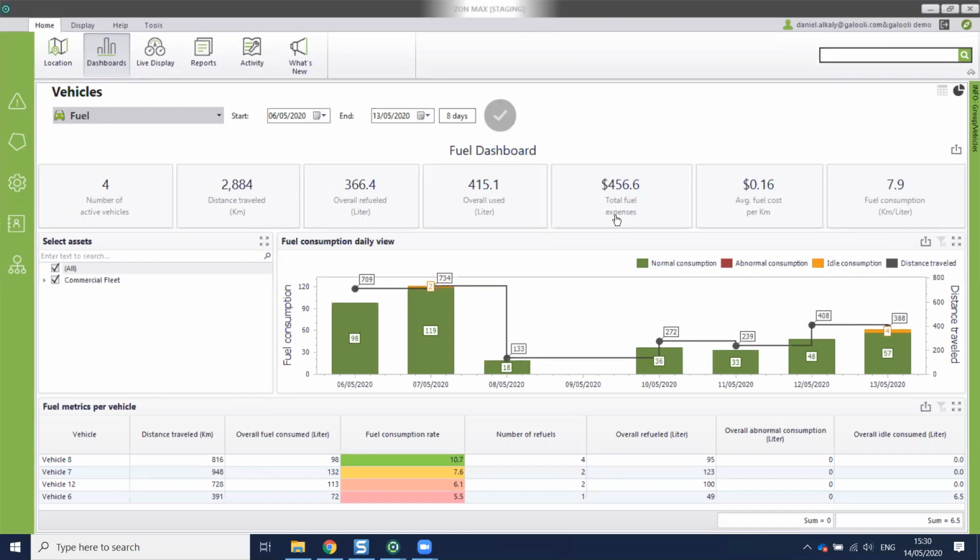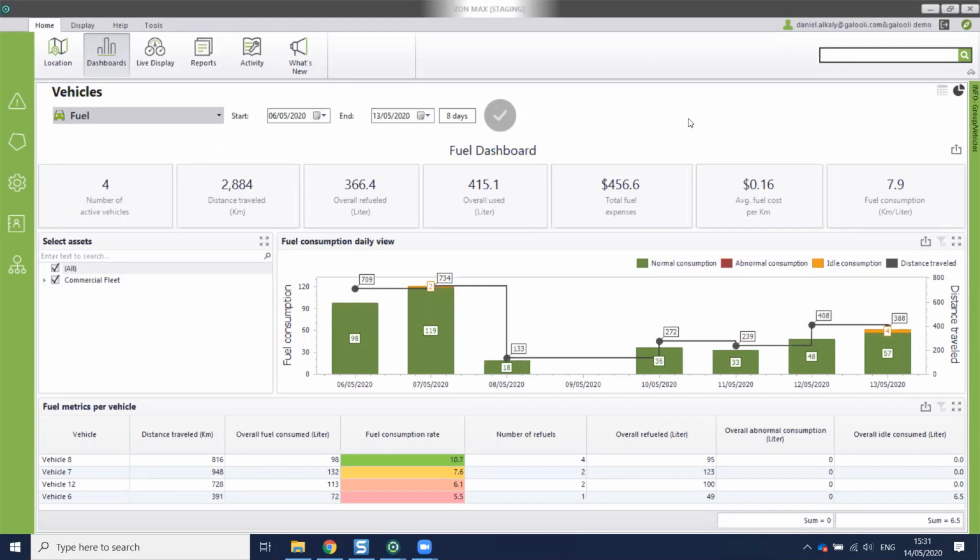Is the fuel dashboard the same as the operational summary report? The operational summary report mostly details the hours that the vehicles were utilized, the distance that the vehicles traveled, how much time during the working day the engine was on, how much time it was off, and how much time there was idling.